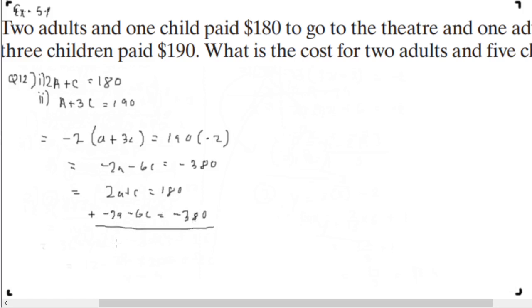So this is equal to 0, -5c equals -200, because we're adding them together.